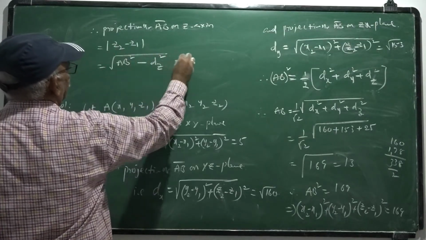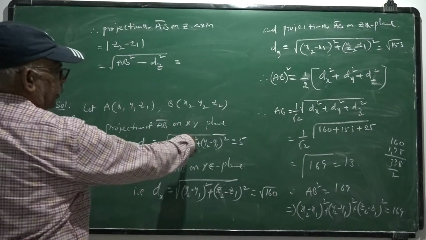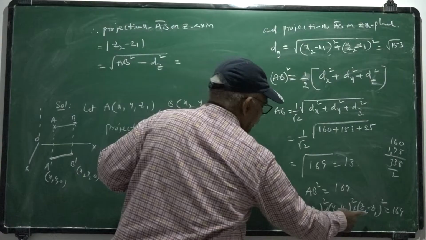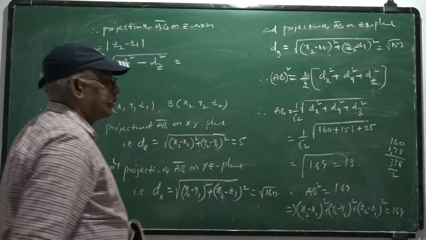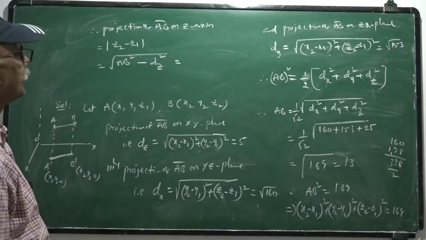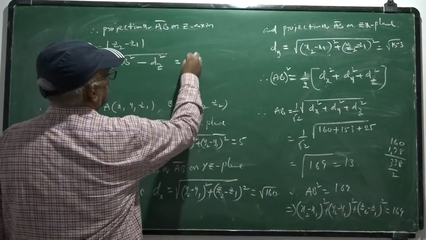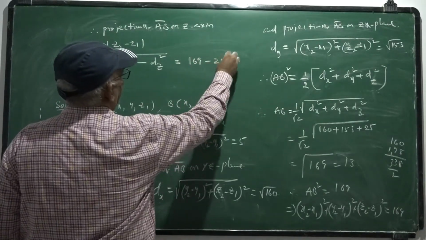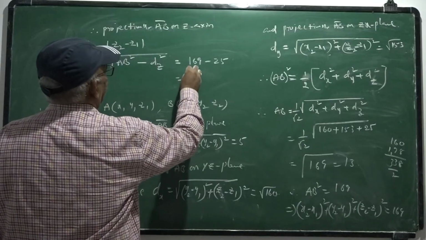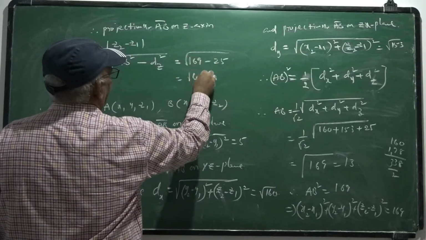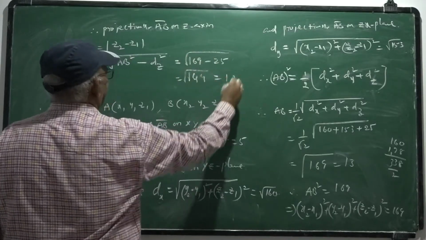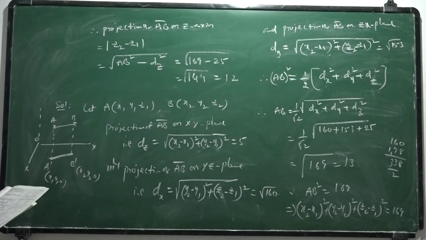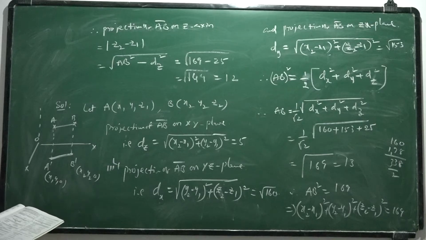On subtraction of this square we can remove this term and this term, so that AB square is 169 here, dz square is 25, under root 144, that is 12 itself. The projection of AB on z axis is 12 itself.